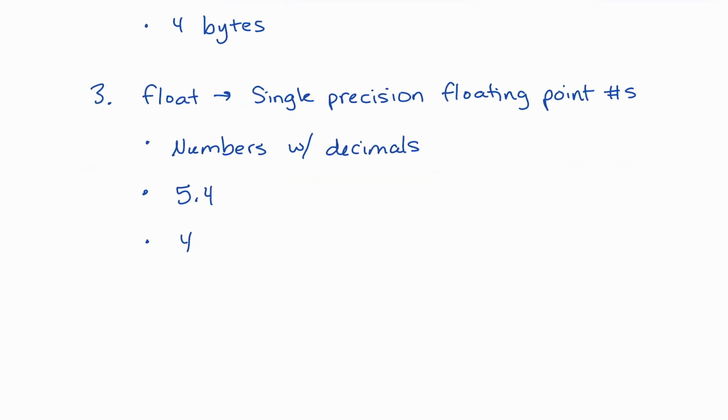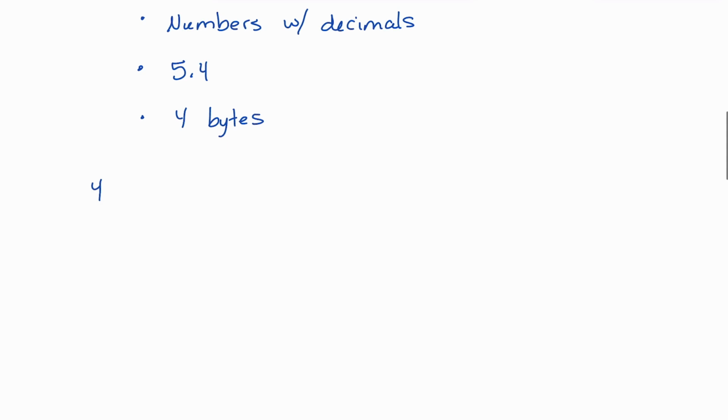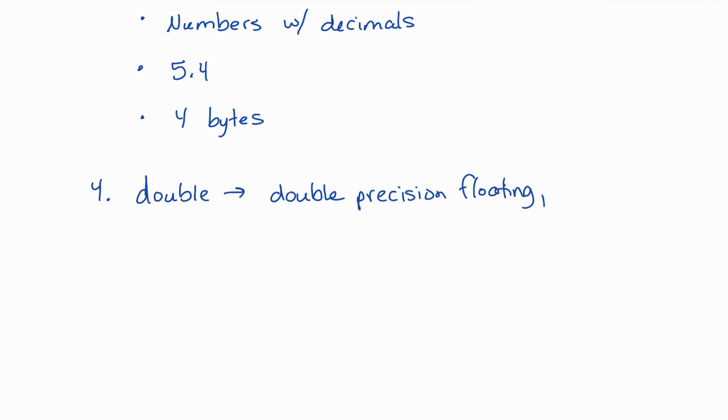These are generally 4 bytes as well. And lastly, we have double for double precision floating point numbers. This could also be 5.4, just like a float. The difference is doubles are generally 8 bytes.